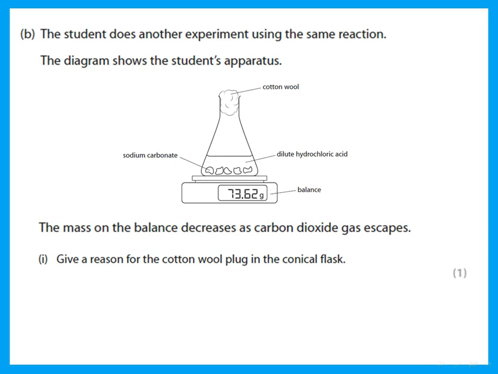So I need the carbon dioxide to go out, but any solution that is giving out a gas is usually bubbling over or trying to splash out. I don't want the solution to splash out, and that's why we put the cotton wool at the mouth of the flask, to prevent loss of solution by splashing and at the same time allow the carbon dioxide gas to escape.